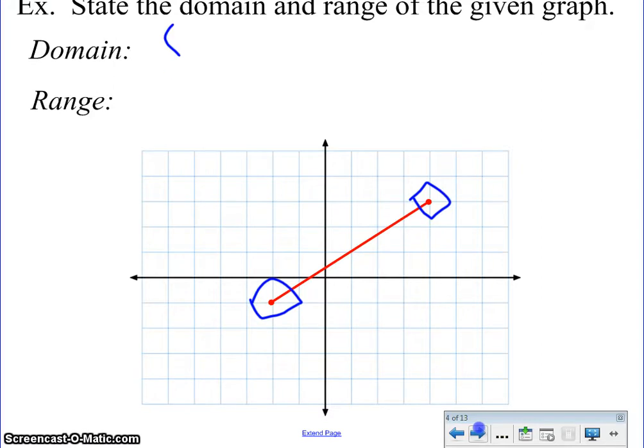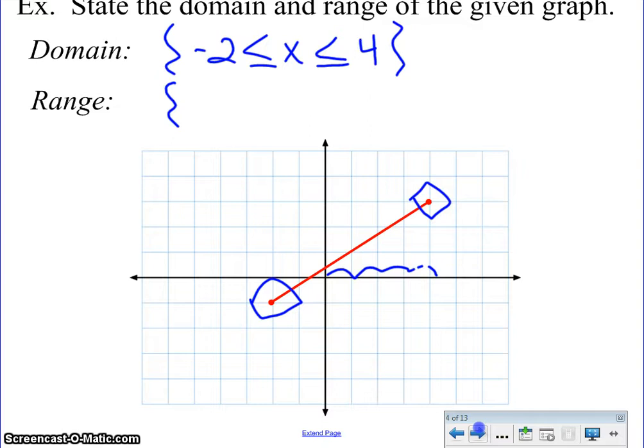So for the domain, I'm looking at anything that is greater than or equal to negative 2, and coming to this side, 1, 2, 3, 4, anything less than or equal to 4 is how you're going to state that domain. So that way it includes everything from negative 2 to positive 4.